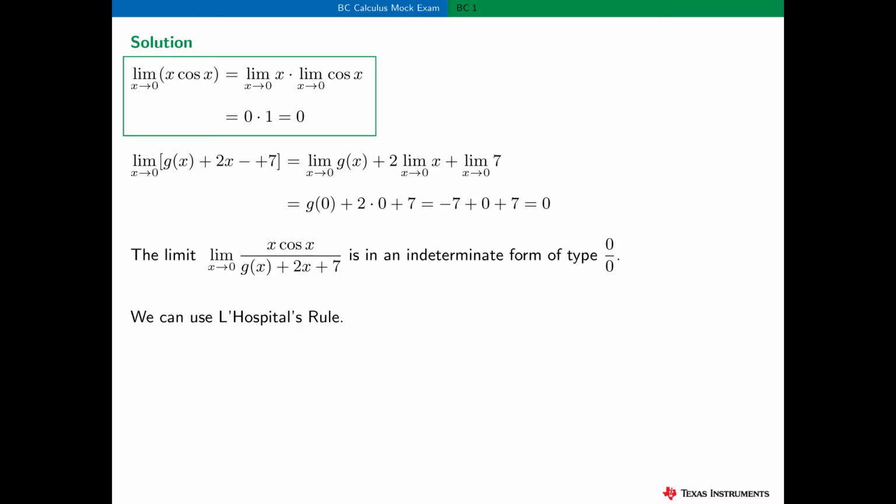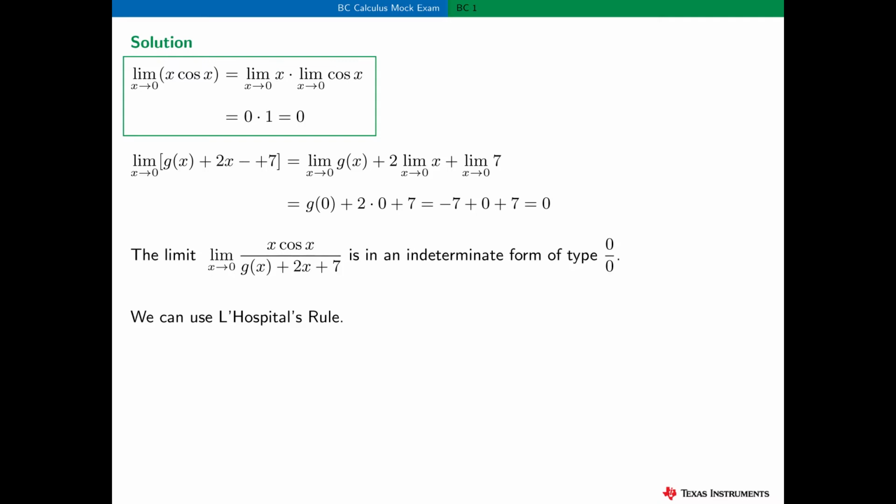To find the limit of the numerator, I'll use a property of limits. The limit of a product is the product of the limits, provided that the limits exist. Now, each of these functions is continuous, so the limit as x goes to 0 of x is 0, and the limit as x goes to 0 of the cosine of x is the cosine of 0, or 1.